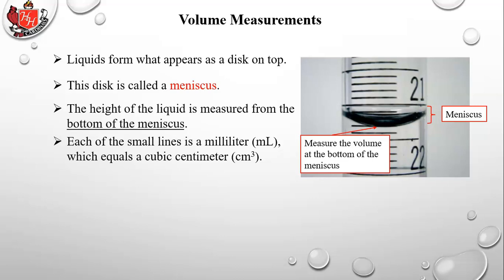So it's 21.3 milliliters. Now you still have to do your estimate digit. If you think that meniscus is a little bit past that, then you might say 21.31. If you think it's exactly on that third line, then it would be 21.30. So with a burette, you have to be 2 places after the decimal.